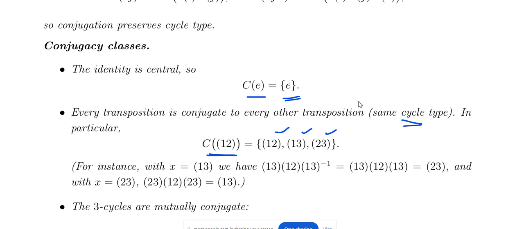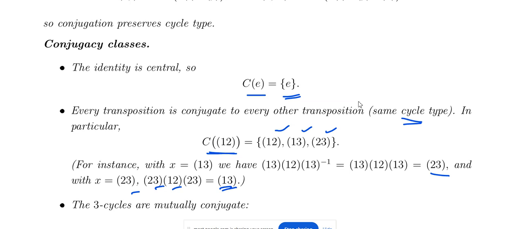This is (1 3), (1 2), and this is (1 3) inverse. When you work out this value, it is equivalent to (2 3). The same way, x equal to (2 3): (2 3)(1 2)(2 3) inverse is actually equivalent to (1 3) already.